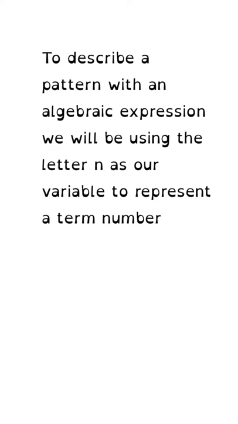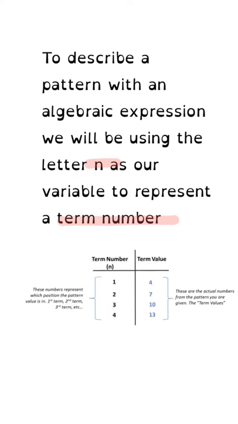When we describe a pattern with an algebraic expression, we are going to be using the letter n as our variable to represent a term number. In our table, we have the term number on the left and the term value on the right.